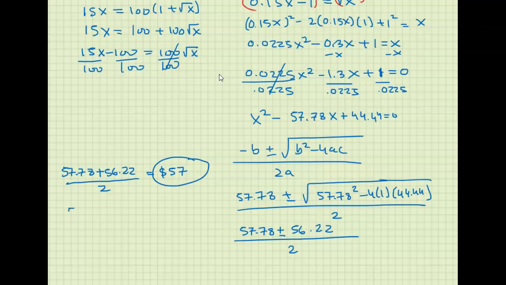Let's see. We have 57.78 minus 56.22 divided by 2, which is 0.78. Oh, actually, this is not dollars. This is how many items.